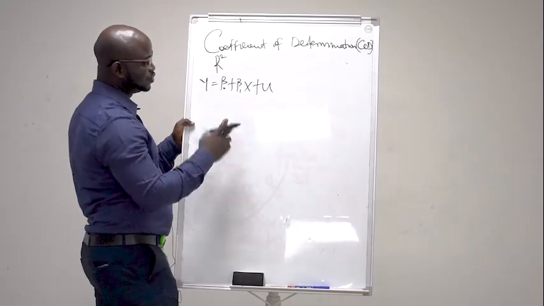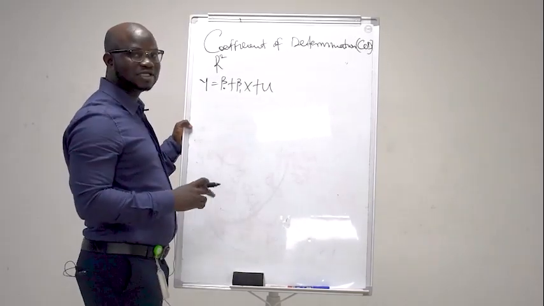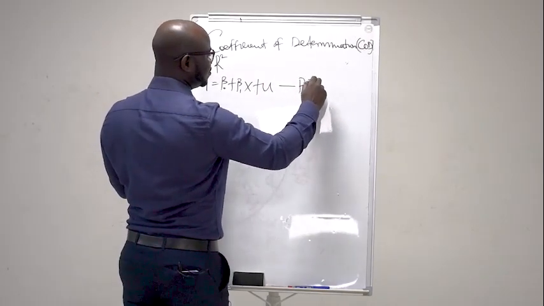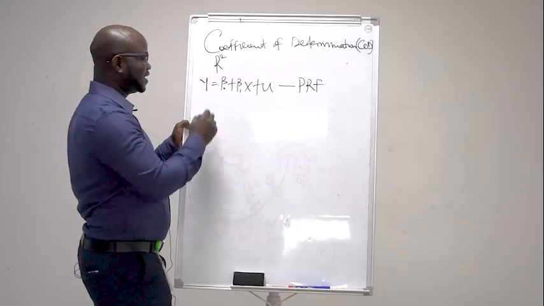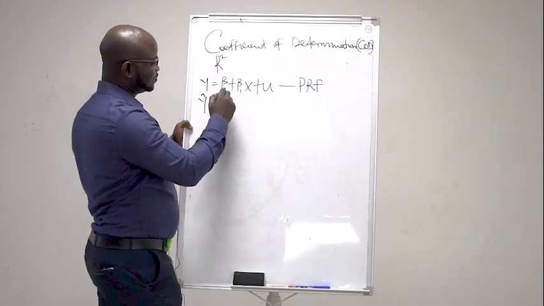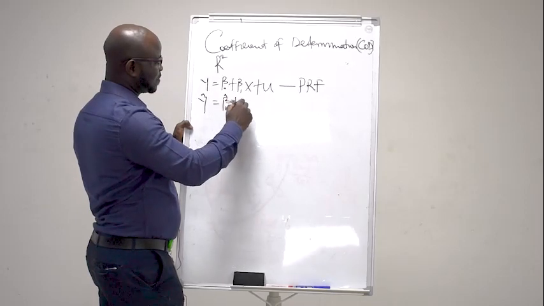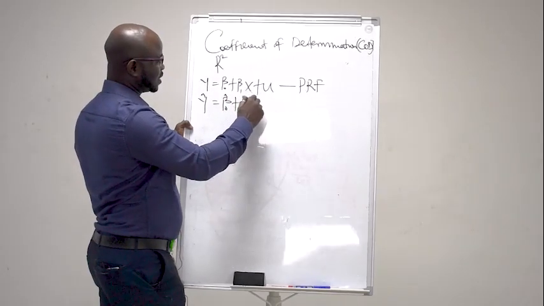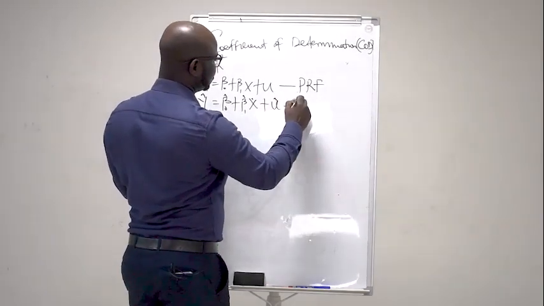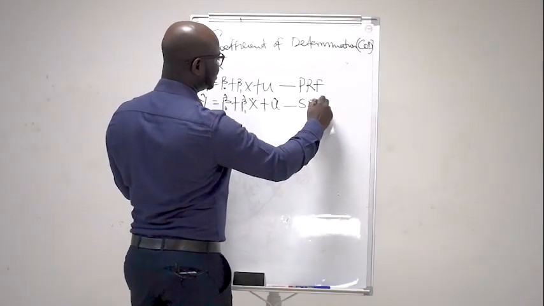When I write the simple linear regression this way, we call it the population regression function. And we have the sample, which is the one with caps: beta naught cap plus beta 1 cap X plus the error term. We call it the sample regression function.